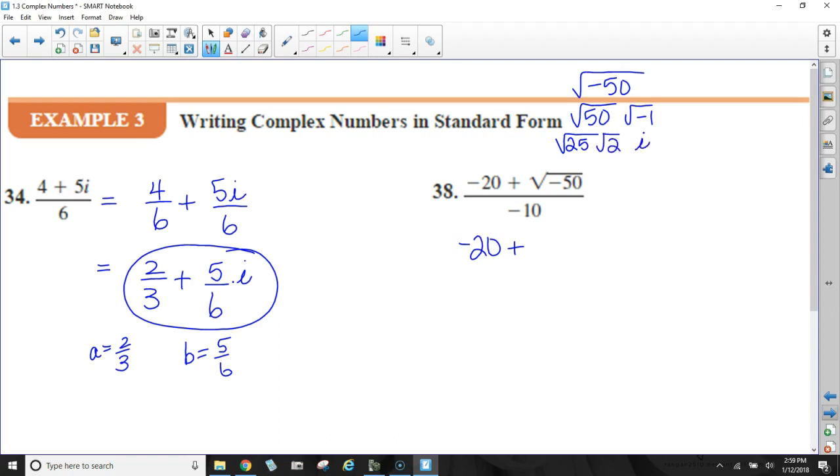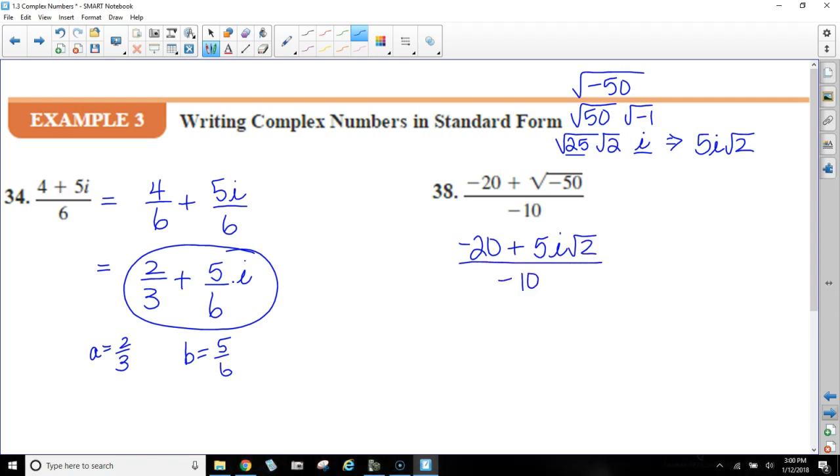Let me go ahead and write my i right there. So the square root of negative 50 simplifies to 5i times the square root of 2. Now that is being all divided by a negative 10 in our problem.